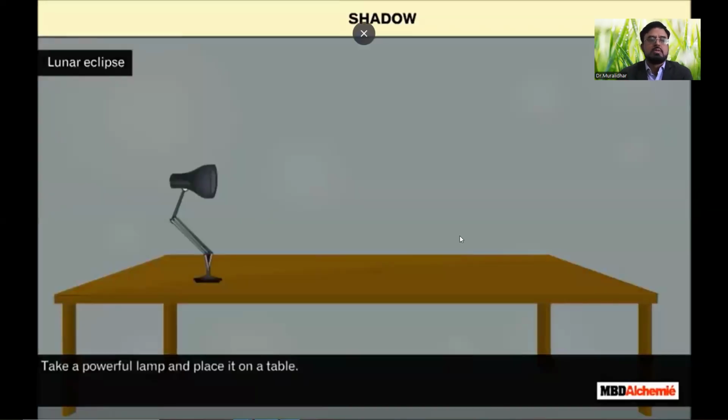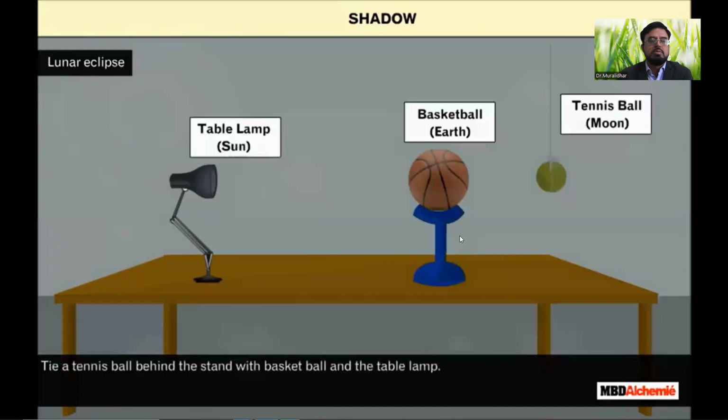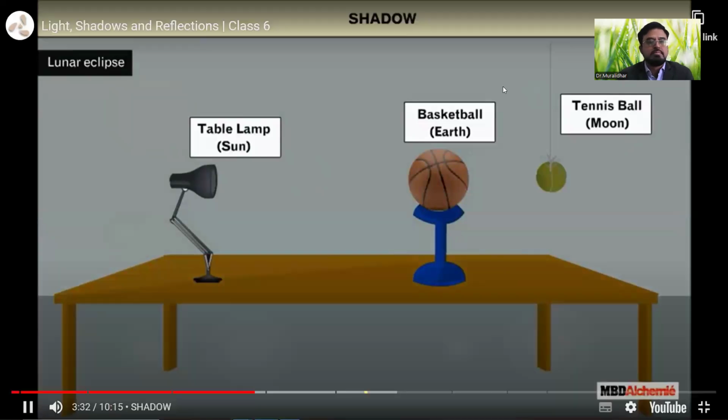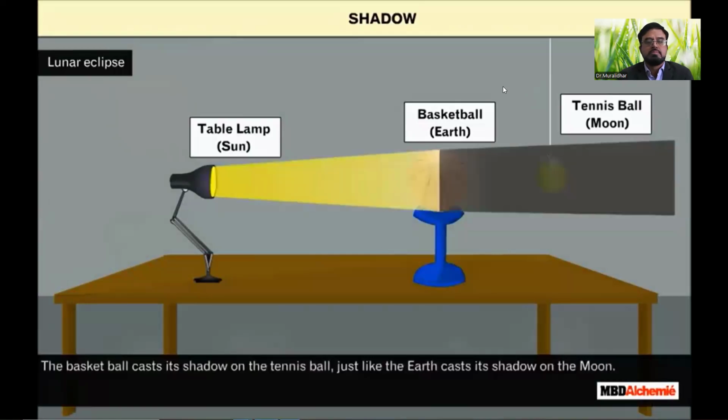Take a basketball and place it on a stand as shown on the screen. Tie a tennis ball behind the stand with basketball and the table lamp. The table lamp represents the sun, the basketball represents the earth, and the tennis ball represents the moon. Light the lamp. You will observe that the basketball casts its shadow on the tennis ball, just like the earth casts its shadow on the moon.